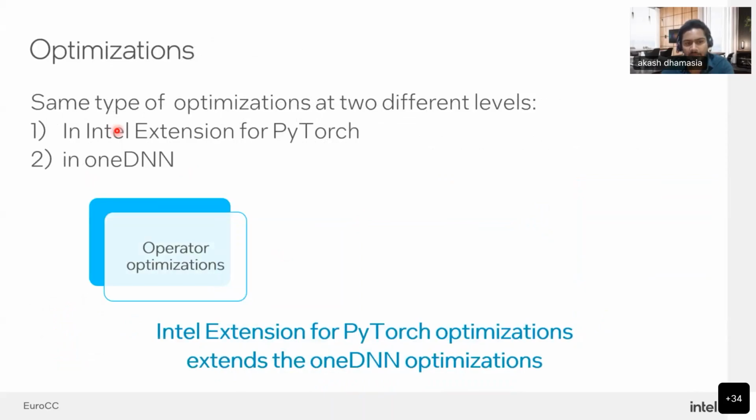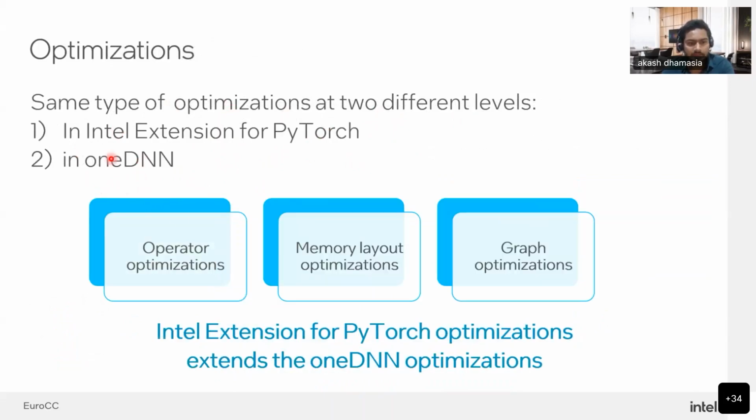So basically the same type of optimizations, but at two different levels: in oneDNN and in Intel Extension for PyTorch. All the optimizations which are not going into PyTorch, you can get through Intel Extension for PyTorch. This is another package.